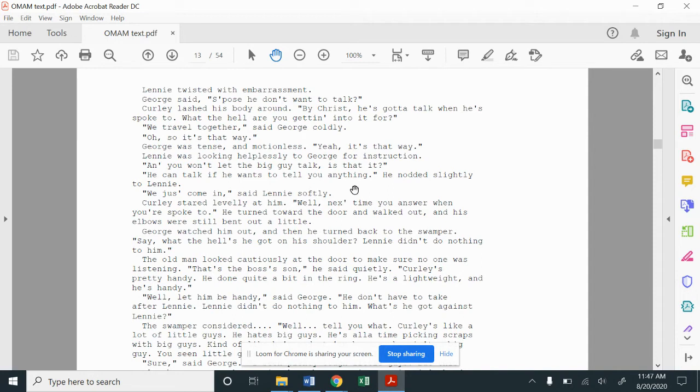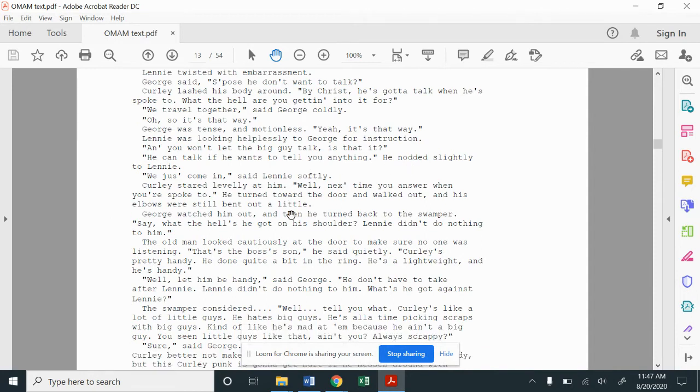"He can talk if he wants to tell you anything," he nodded slightly to Lenny. "We just come in," said Lenny softly. Curly started leveling at him. "Well, next time you answer when you're spoken to." He turned towards the door and walked out, and his elbows were still bent a little.